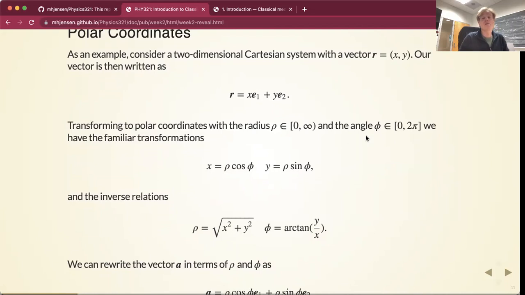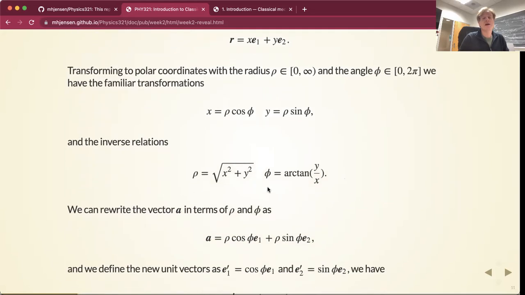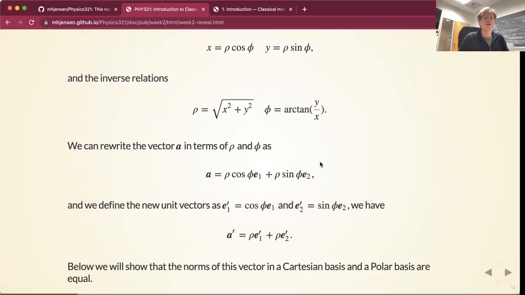Then there is an angle phi, which takes values from 0 to 2 pi. The transformation is then given by x equal to rho times cosine phi and y equal to rho times sine phi. Then you can define phi in terms of the inverse tan of the ratio between y and x, and you can rewrite A in terms of the new coordinates. So sometimes it's more convenient to run calculations in one specific coordinate system.